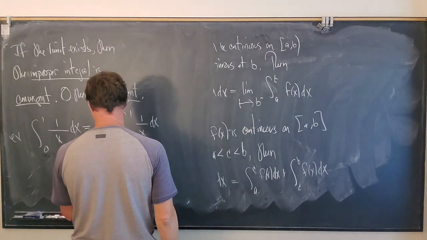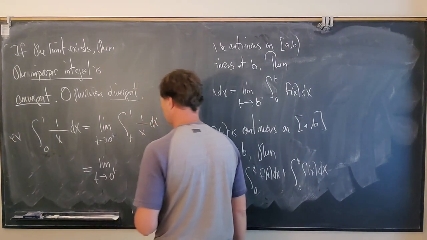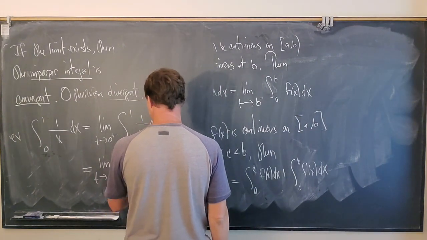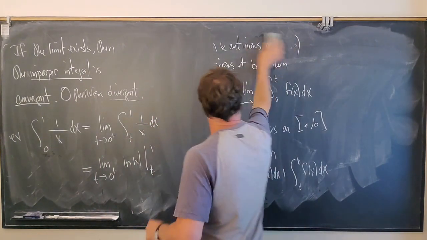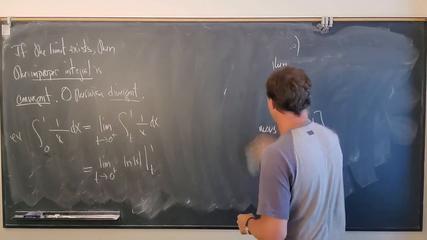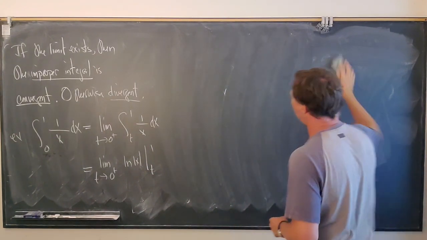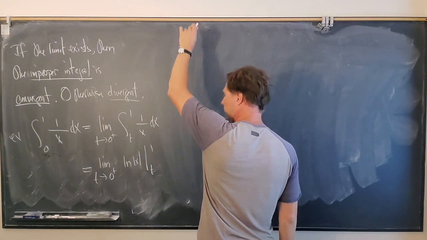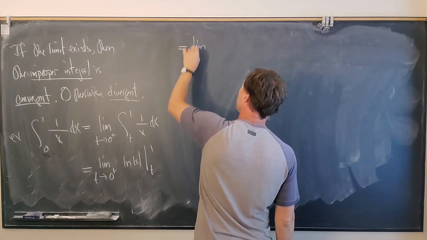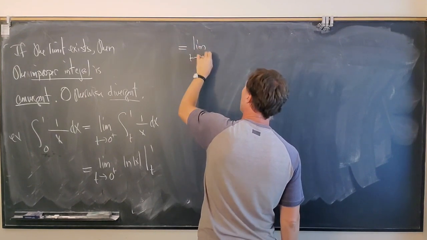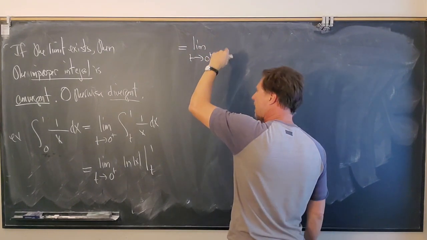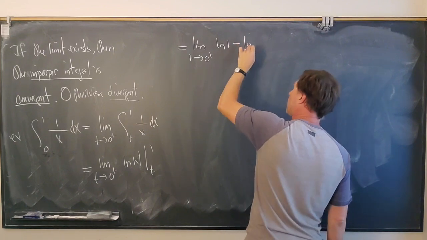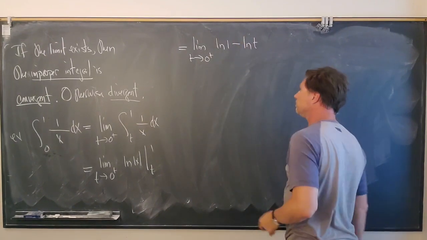Now compute the antiderivative as usual. So this is the limit as t approaches 0 from the positive side of natural log absolute value x, going from t to 1. So when I plug in the limits of integration, that's the limit as t goes to 0 from the positive side of natural log of 1 minus natural log of t.